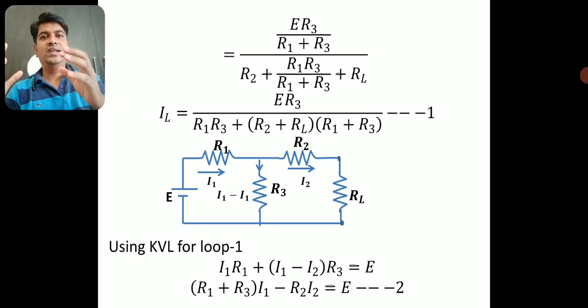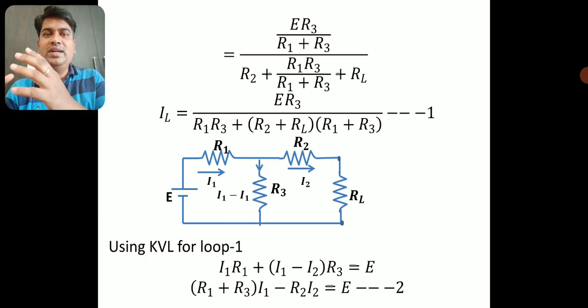I have calculated the current which is flowing through the load resistance by considering a simple network, a Norton's network. In the Norton's network I have calculated the load current by applying a simple branch current formula. In the branch current formula I have substituted the value of IN and RN, the two equations I just established.